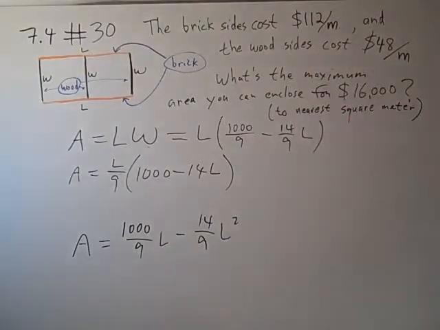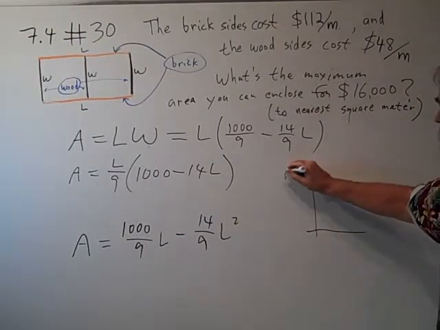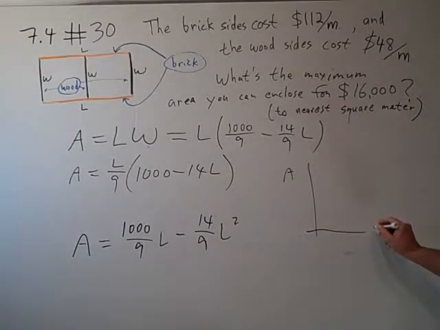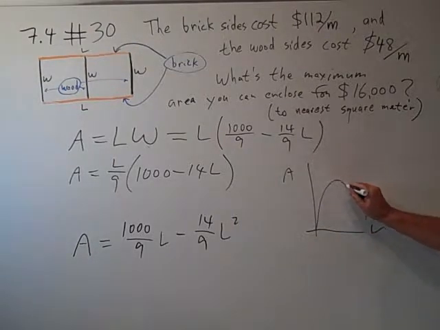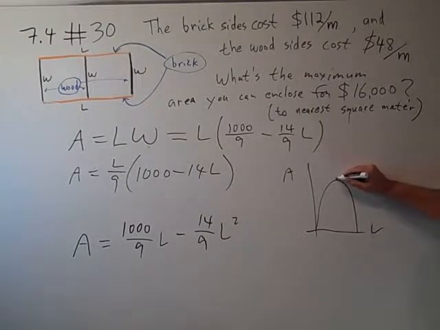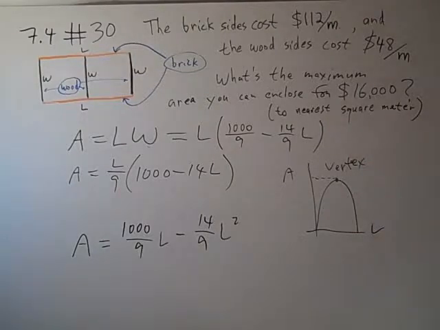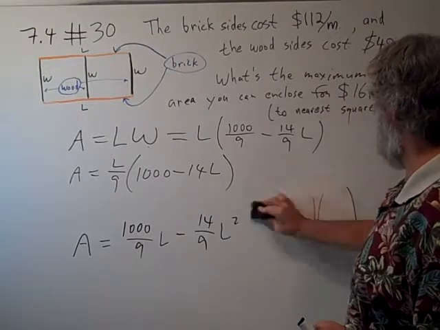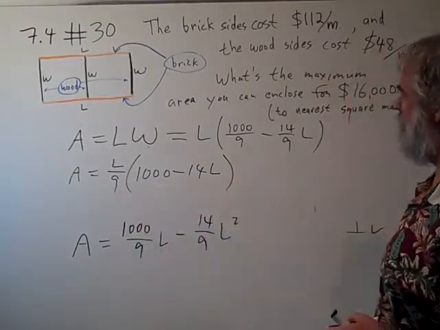In this form we can see better how to find the vertex, because the area is the vertical and L in this case is horizontal, and the area as a function of L is a parabola, and the maximum area will be attained at the vertex. So we're looking for the vertex of this parabola. I'm going to leave this here, though. This will be easier to compute with later.